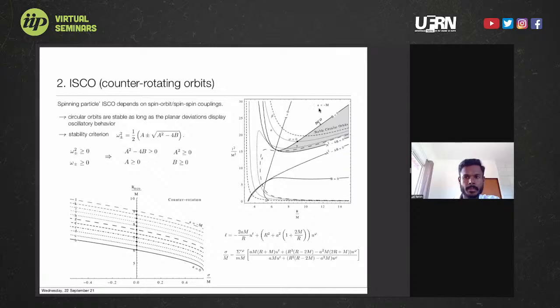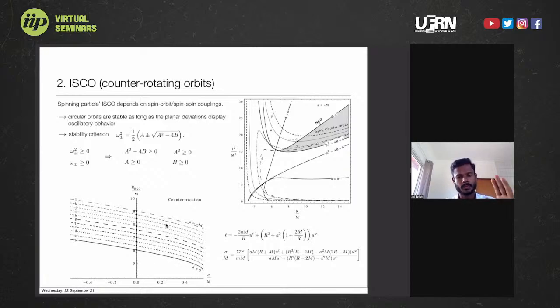For an example, a equal to minus m is shown in the first curve L. So I collect these boundaries along b equal to 0 and a squared minus 4b equal to 0, and I have plotted here for different values of the spin parameter sigma over m, and I found the corresponding radius. Similarly, we can do it for any value of a, starting from 0 to a equal to minus m.